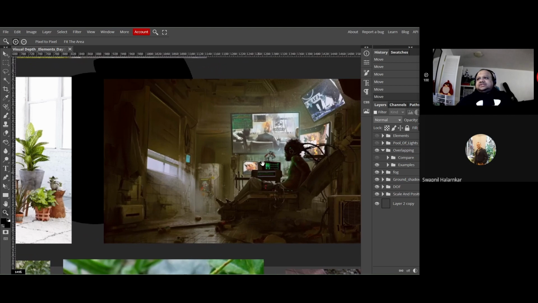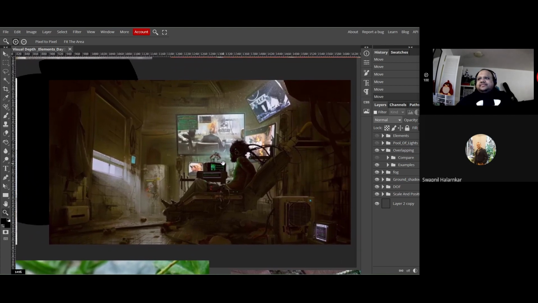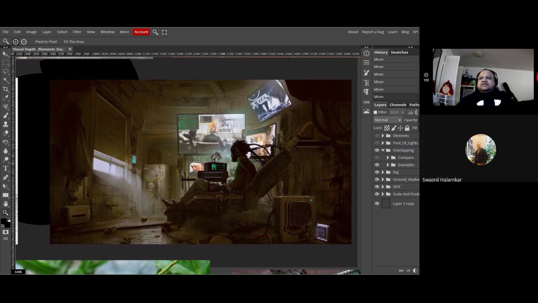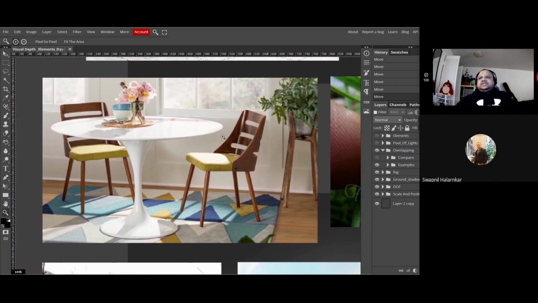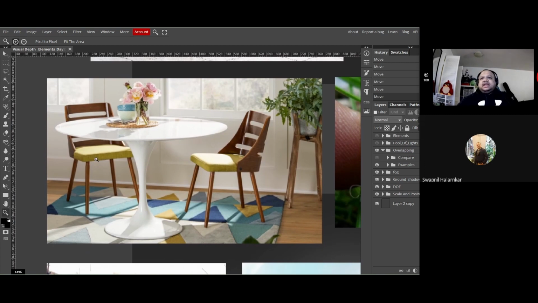So we saw this image where we can see the fog and the value which is different from the foreground element, and this object is overlapping, and that's why we can feel the depth between the background and the character. Now in this example, there are both cases: when there is no overlapping, the chair is not overlapping, and when the table is overlapping the chair.